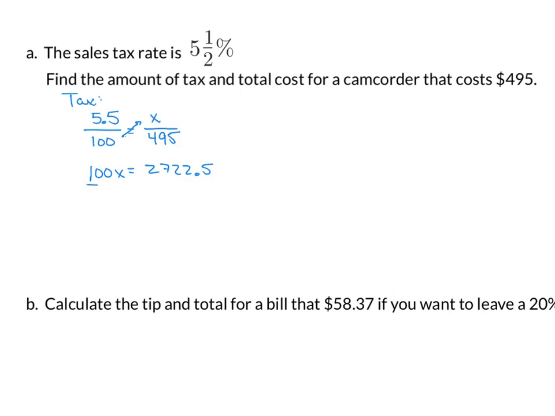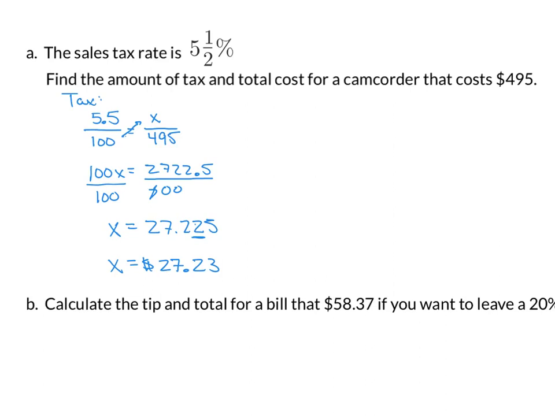We divide by 100 and we get x equals 27.225. We want to round this to the nearest cent, so I want to round to my second decimal place. My 5 tells me to round up, and so we get that the amount of the tax is $27.23.